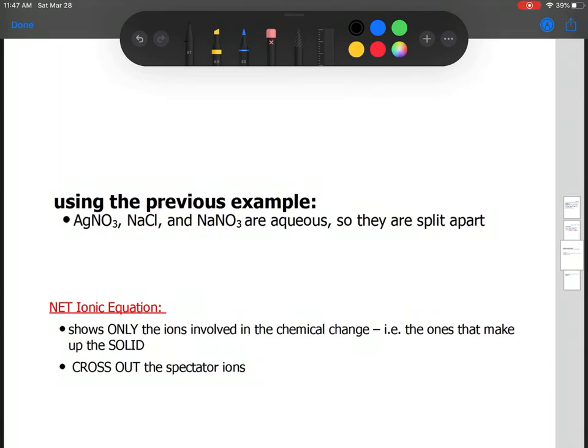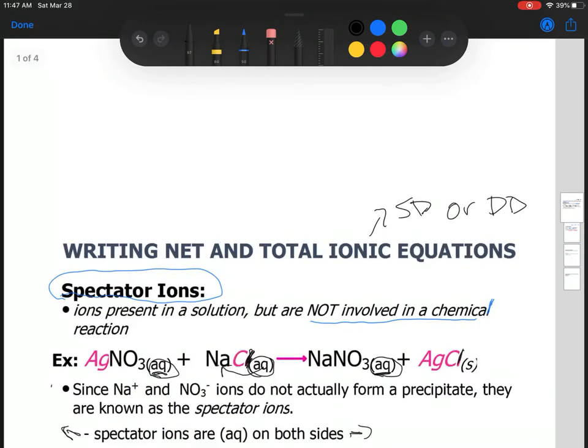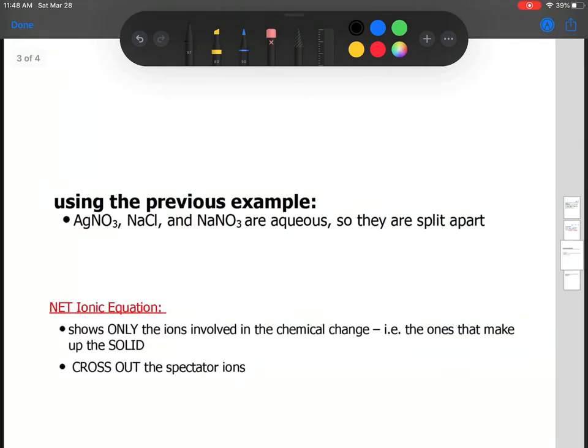And when you have a total ionic equation, then really in every single double displacement reaction, the reactants have to be aqueous. We talked about that the other day. So on the left-hand side will be all ions, and then there's only going to be one solid on the right-hand side.